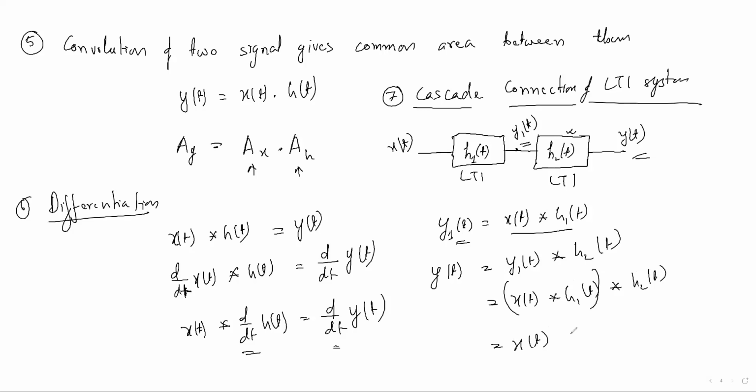You can write this as x(t) convolve h1(t) convolve h2(t). Understand? So what is the overall impulse response of the system? If x(t) is input and y(t) is output and two systems are connected in cascade, the overall impulse response would be h1(t) convolve h2(t). This thing you should know. Is it clear?